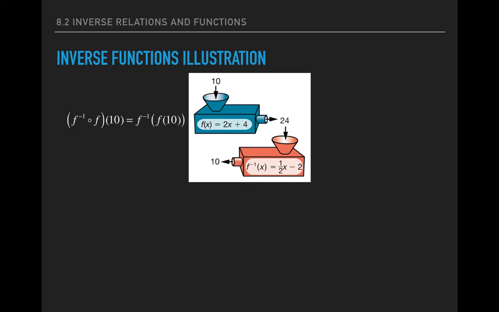That is the output there. Now that is what gets plugged into the inverse of f. Plugging in 24, half of 24 is 12, minus 2 gives you 10. That was our x value that we were evaluating for, and that is what the final result was after the composition.